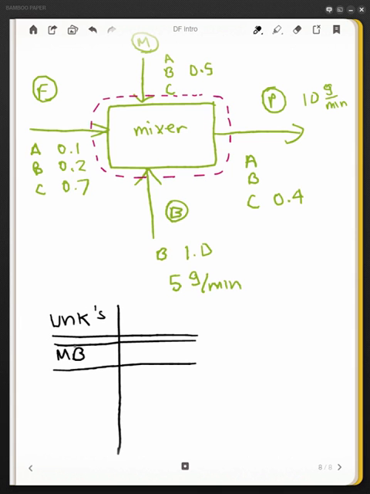So we always are going to count the unknowns. Then we're going to subtract the number of independent mass balance equations, and then we're going to subtract the number of specifications. In this case, we have both mass fractions and we have mass flow rates as specifications.